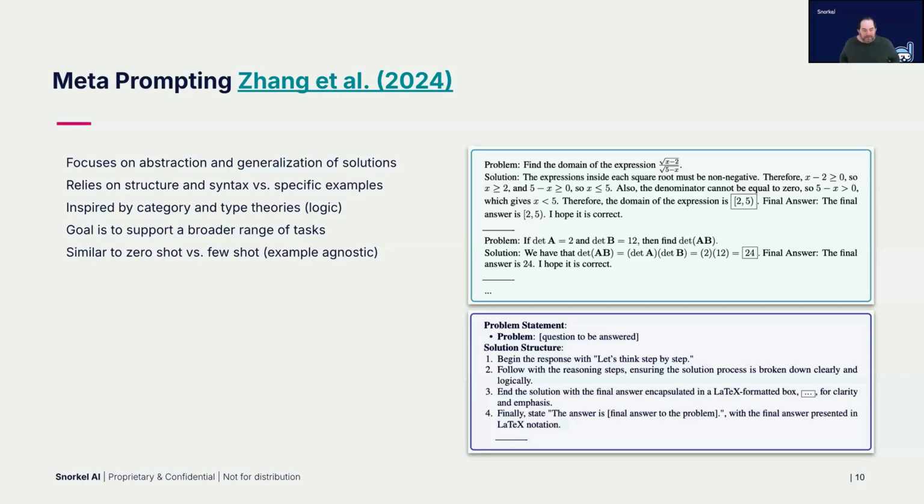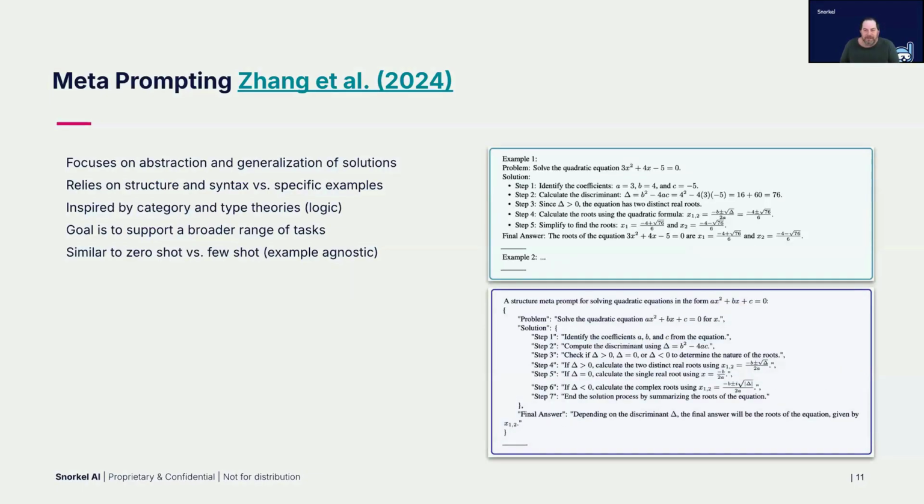So in some sense, it's probably a closer approximation to zero shot because you're not actually giving it concrete examples, but you are giving it a very structured, logical approach to solving the problem, which hopefully it can apply to a broader variety of problems. So it very much relies on logic as opposed to concrete steps and values.